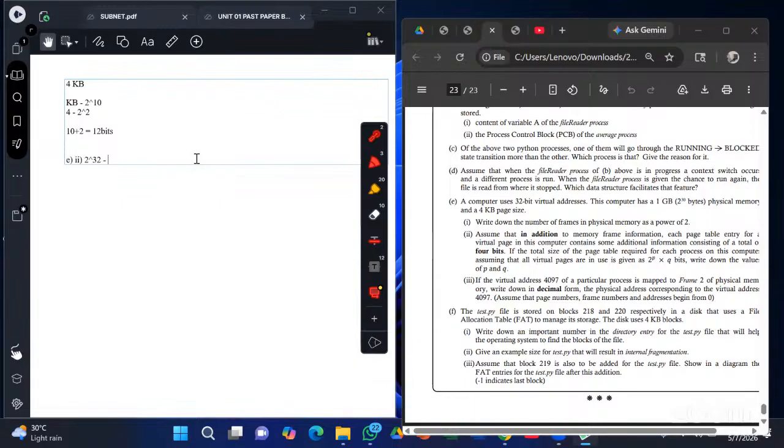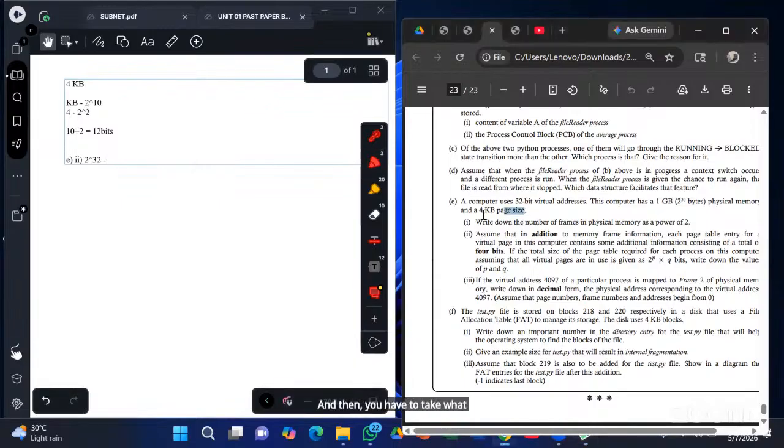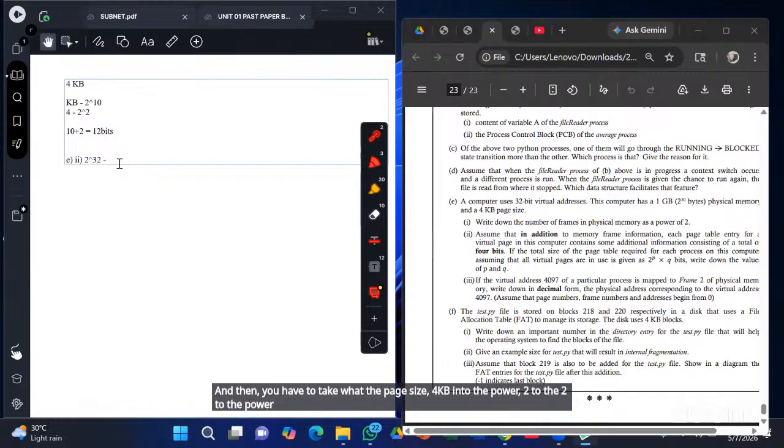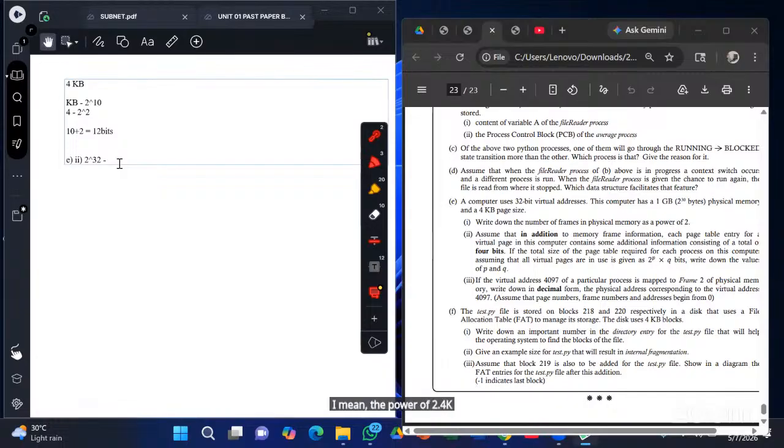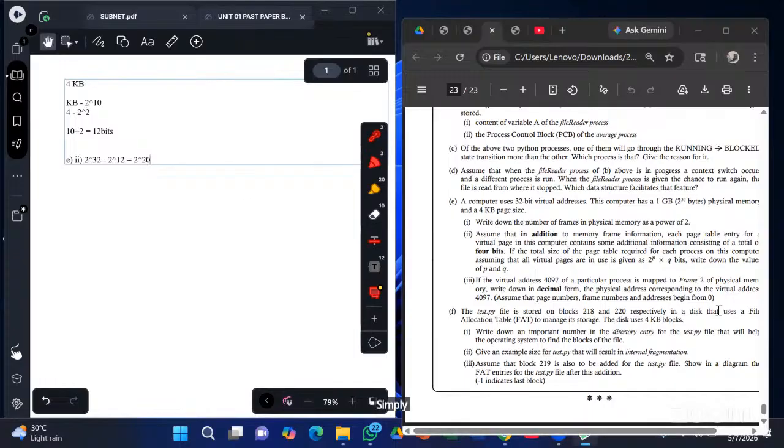Then we have to take the page size, 4 KB, in powers of 2, which is 2 to the power 12. We did the calculation earlier, right? 4 KB converted is 12 bits. So what is the answer? 2 to the power 20. They are asking for the power.